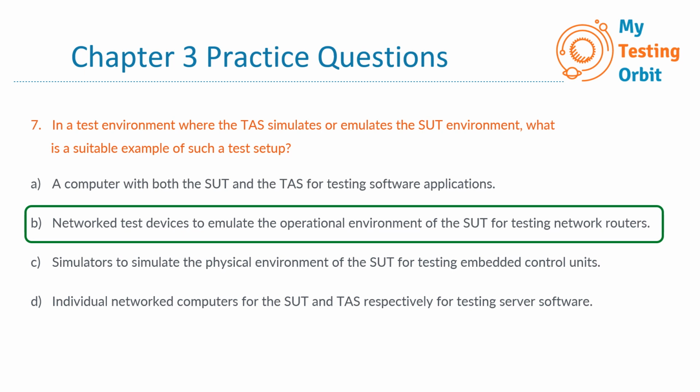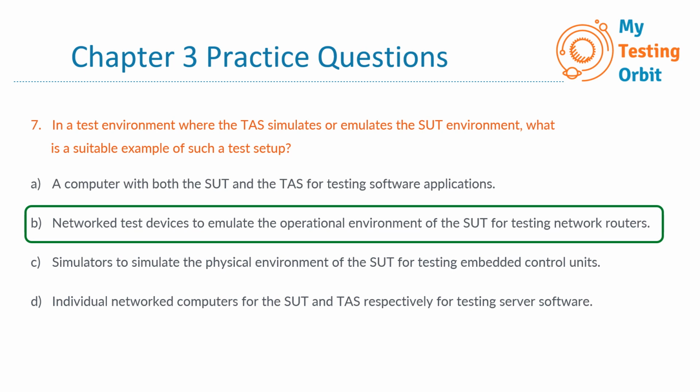Option A, a computer with both the SUT and the TAS for testing software applications. This option is valid, but it doesn't specifically address the emulation of the SUT environment, and it is more suited for testing standalone software applications. Option C, simulators to simulate the physical environment of the SUT for testing embedded control units.